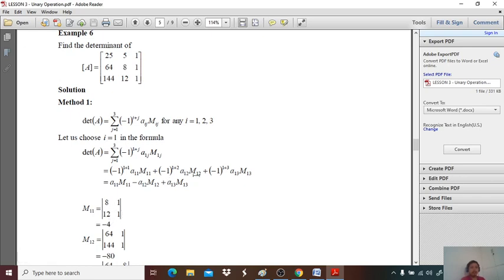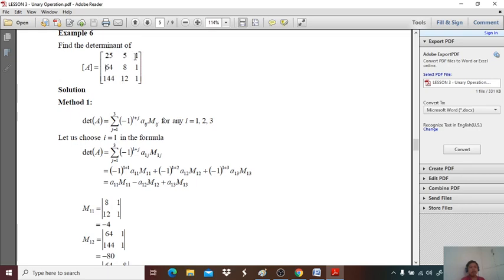For 1, 2, we are going to use row number 1 only. If you use row 2, that is 64, 8, and 1. It is also possible to use the columns, 25, 64, and 144. Then we have A12, which is deleting your first row and second column.